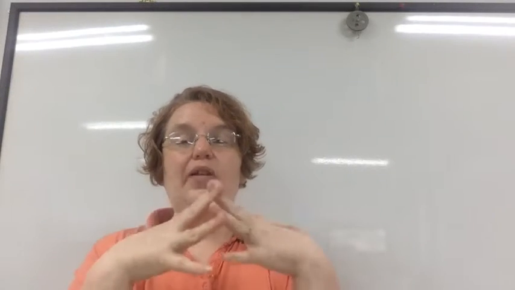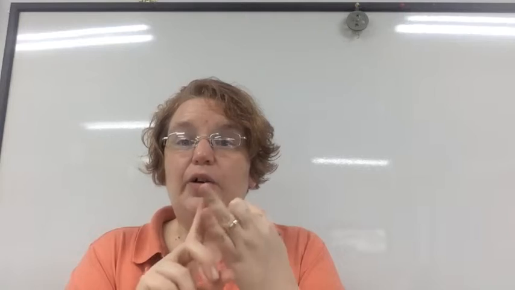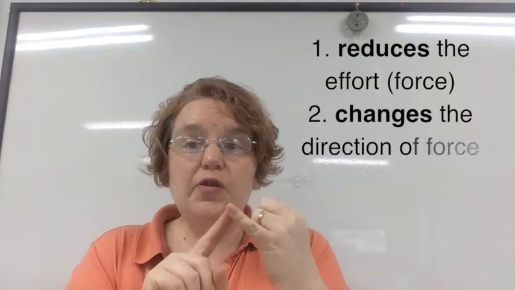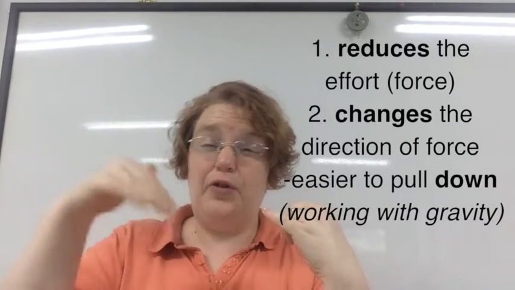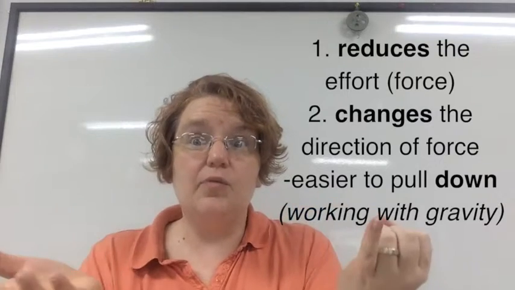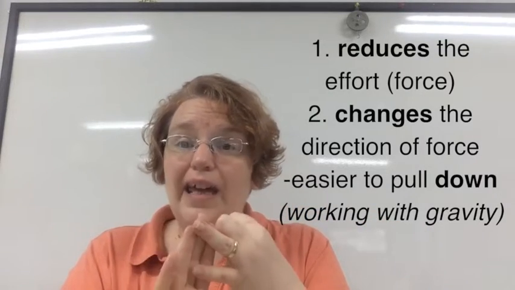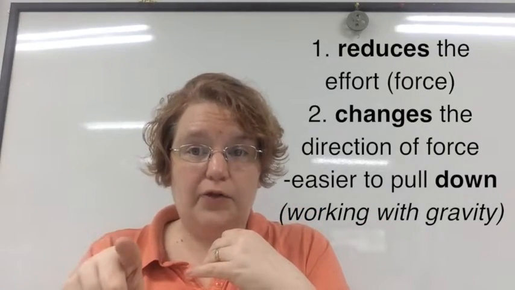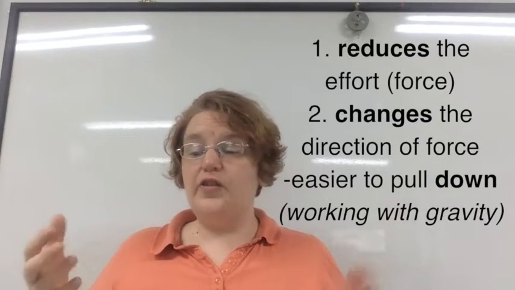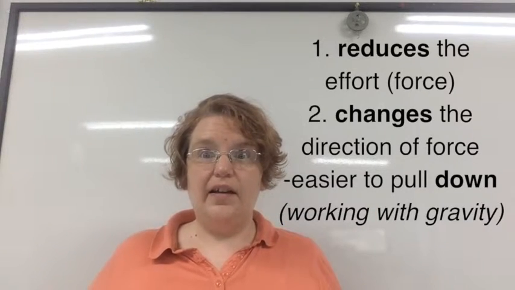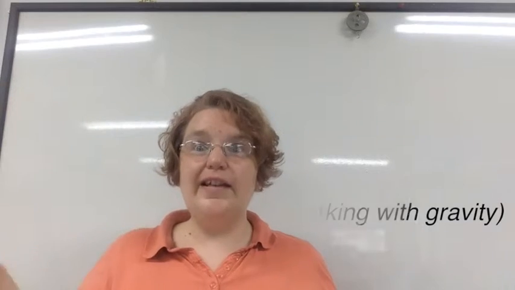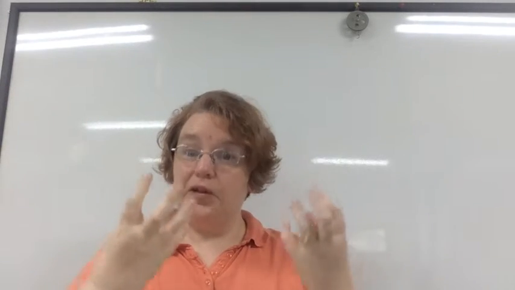Now, remember, with any simple machine, it's going to make work easier in two ways. The first way, it's going to make the effort or force less needed to move the load. The second way, it could change the direction of the force. Now, what force do we always work with every day? You guessed it, gravity. Gravity is pulling us down.